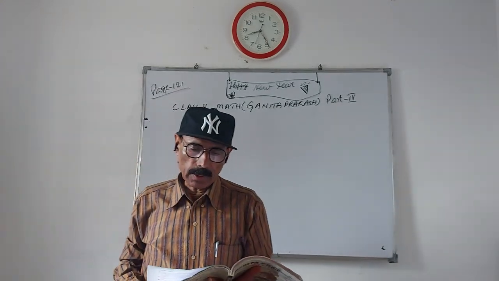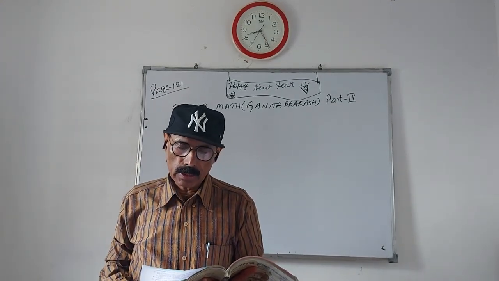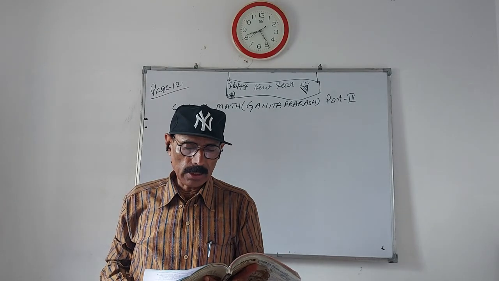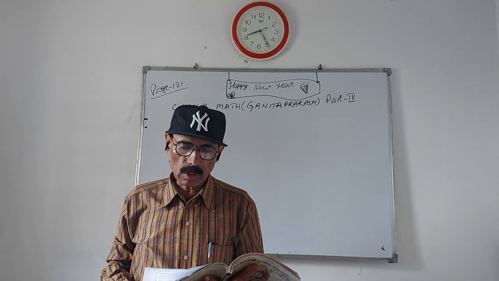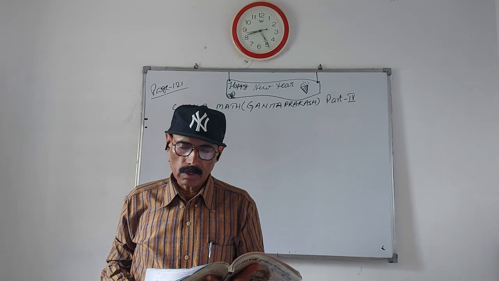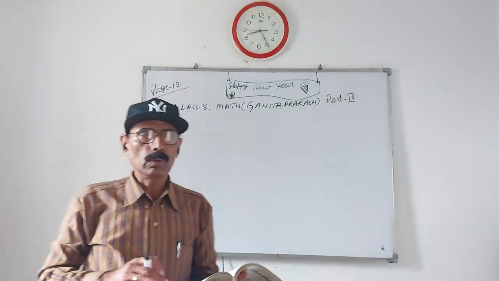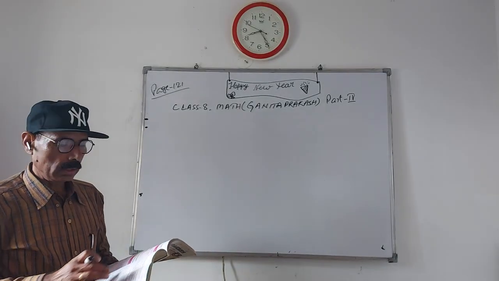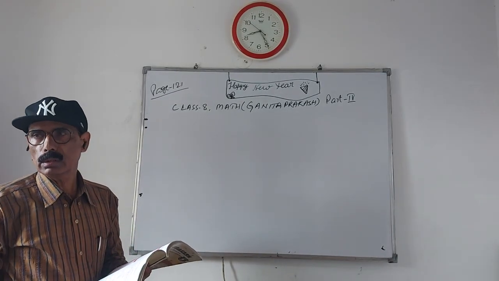In general, if A is divisible by K and A is also divisible by M, then A is divisible by the LCM of K and M. Up to whatever we have learned in the last video, this is the conclusion.